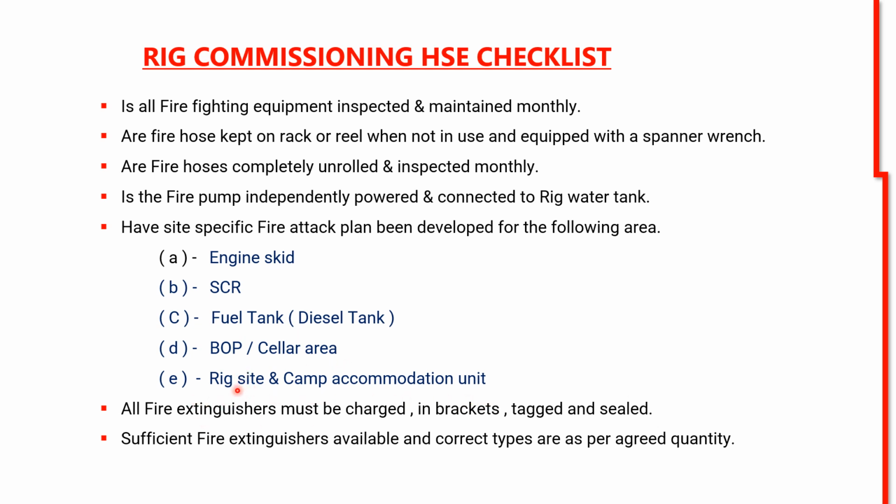At the rig site, there are offices also, and the accommodation rooms for the rig crews also. All fire extinguishers must be charged, in brackets, tagged and sealed. And one thing, the fire extinguisher is inspected at the rig site, and in other industries also, monthly. Sufficient fire extinguishers should be available and the correct types as per the agreed quantity.